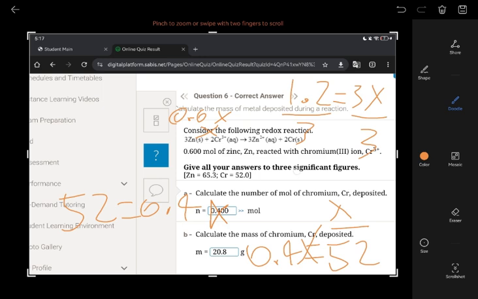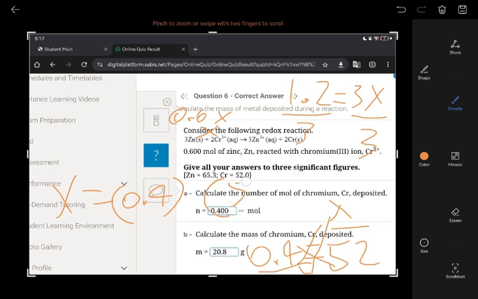No, wait, my bad. It's not like that. It's 0.4 over 1. So then X equals 0.4 times 52. So 0.4 times 52, you get 20.8.